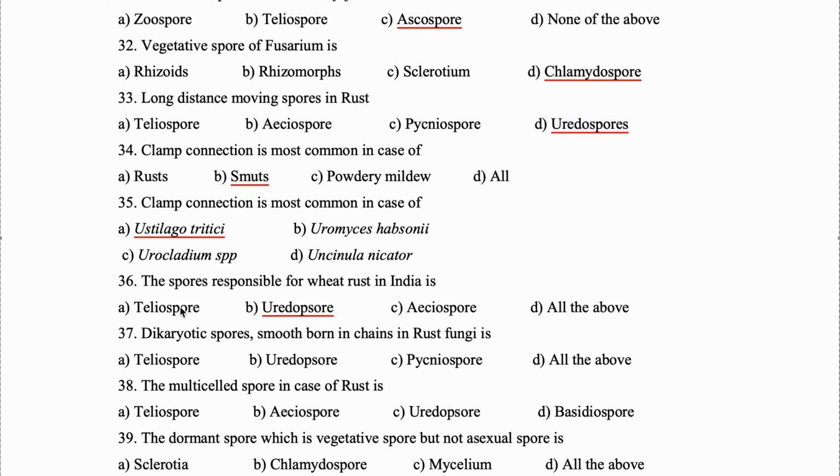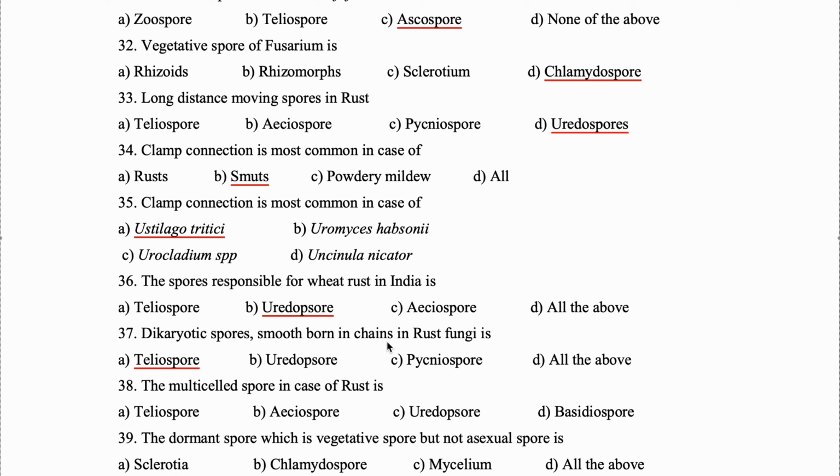Understood? Okay. Question 37. Dikaryotic spores smooth bound in chains in rust fungi is teleospore. One reason is because teleospore is a dikaryotic spore, correct?